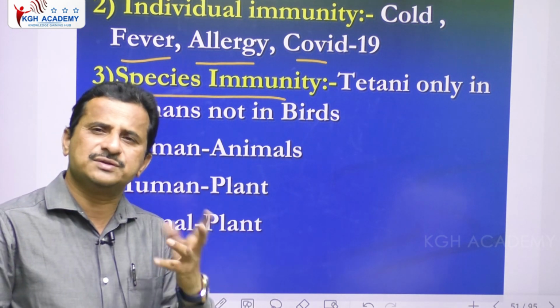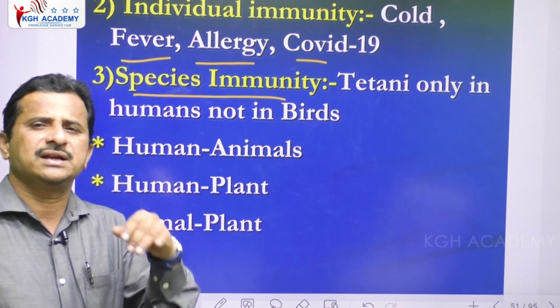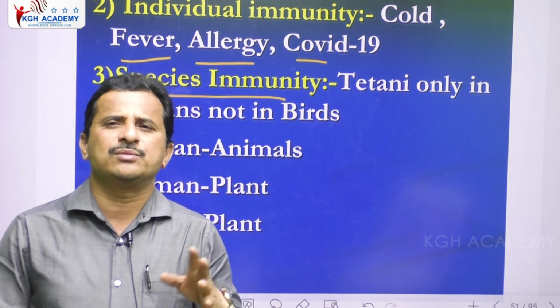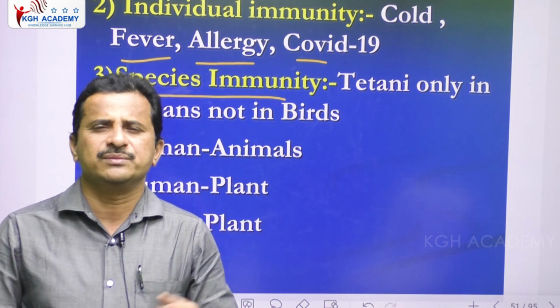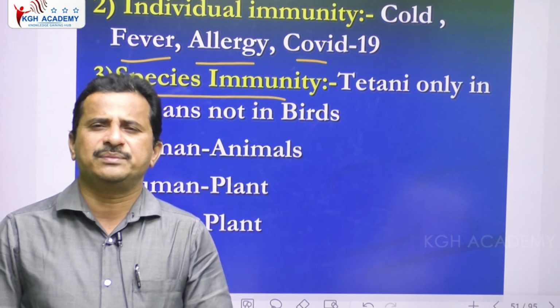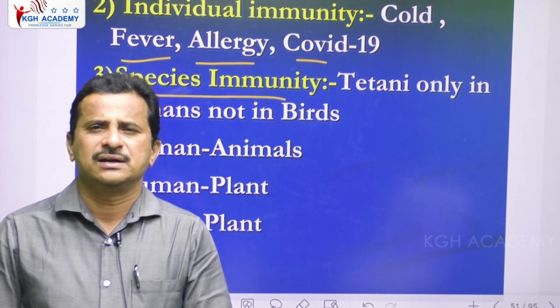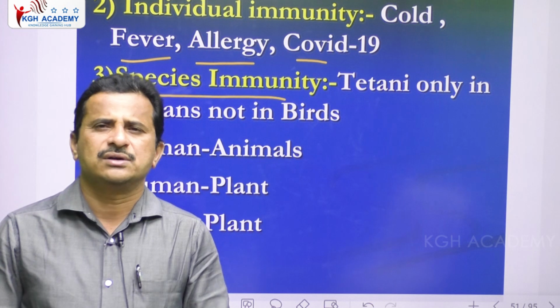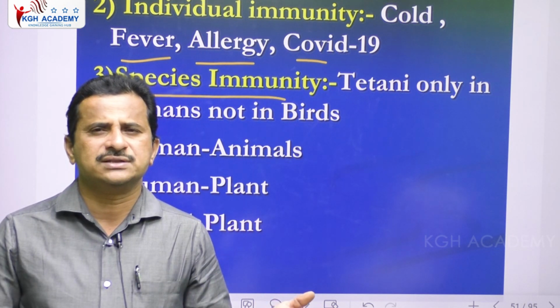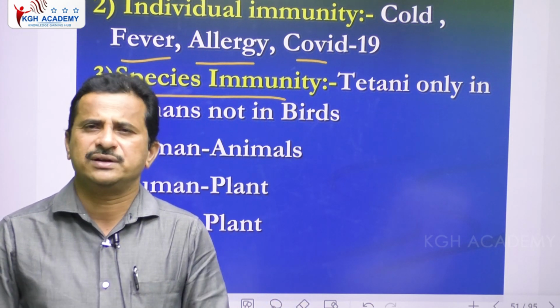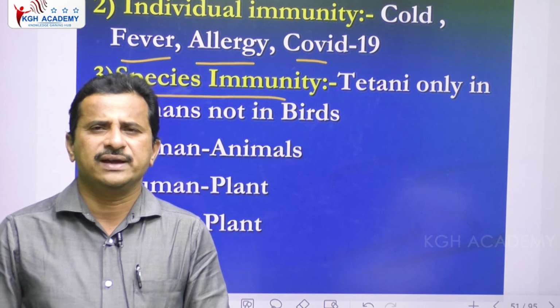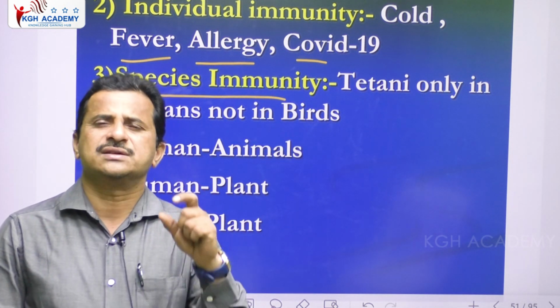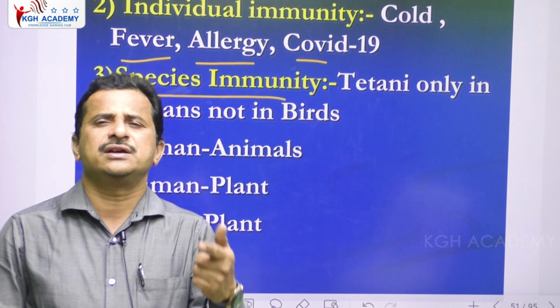Like this, species to species immunity is different. If that virus enters our body, it does not cause damage because of immunity. For example, if a plant pathogen, bacteria or virus enters our body, it does not cause any disease because of immunity. This way, immunity differs from organism to organism, species to species.